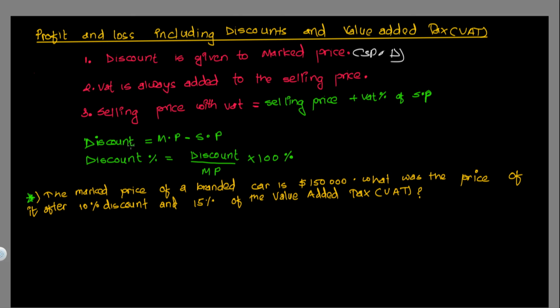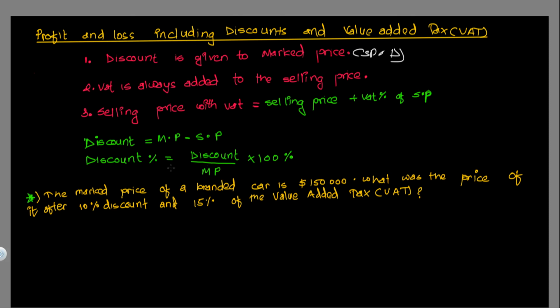How do we get the discount? As discount is always given to the mark price, after getting the discount we get the selling price with discount. So discount can be obtained by subtracting the selling price from the mark price. What is the discount percent? Discount percent is nothing but discount over MP times 100%.